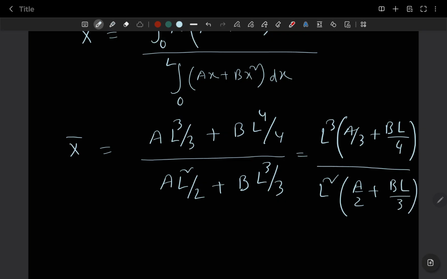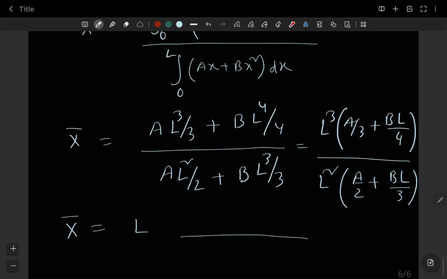So it will be L times (4a plus 3bL) by 12, divided by (3a plus 2bL) by 6.